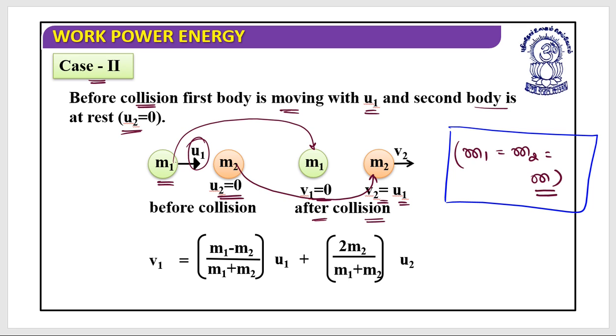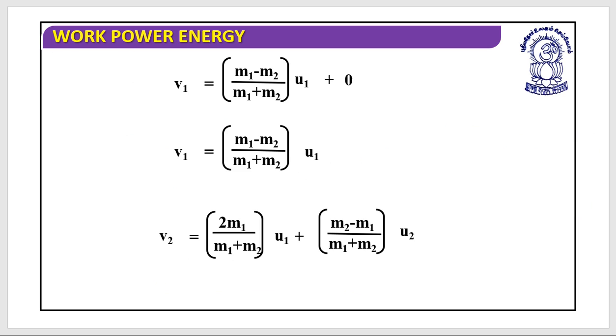Let's have a look at how it behaves. This is the case when v1 is equal to (m1 minus m2) into u1 plus 2m2 upon (m1 plus m2) into u2. As I know that u2 is initially at rest, so this becomes 0. So v1 will be (m1 minus m2) upon (m1 plus m2) into u1, and v2 could be written as 2m1 upon (m1 plus m2) into u1 plus (m2 minus m1) upon (m1 plus m2) into u2.